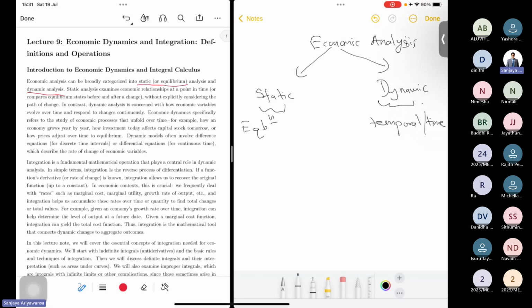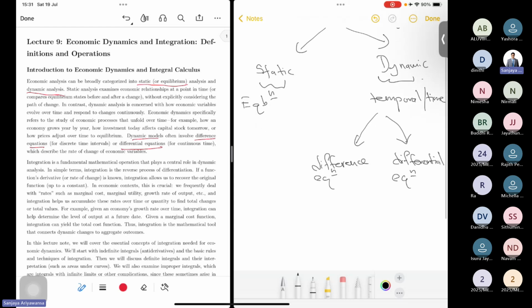So under dynamic models, we have something called difference equations, and we have something called differential equations. So what is the difference between these two types of equations?